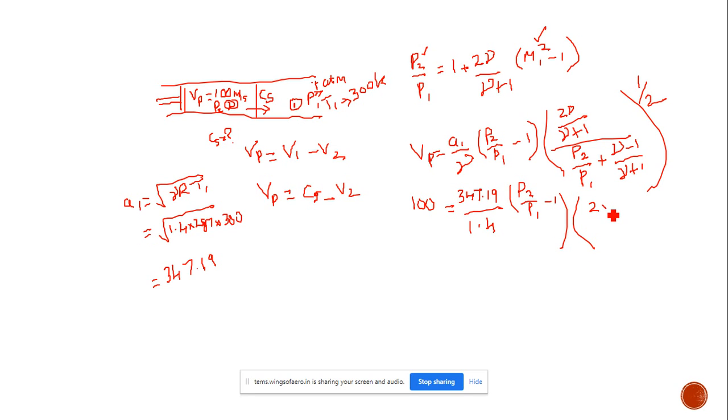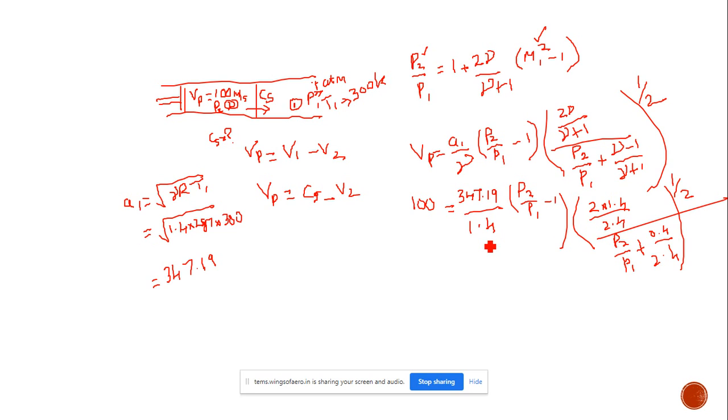Same way here, 2 into 1.4 divided by gamma plus 1, that is 2.4, whole divided by P2 by P1 plus 0.4 divided by 2.4, whole power 1 by 2.